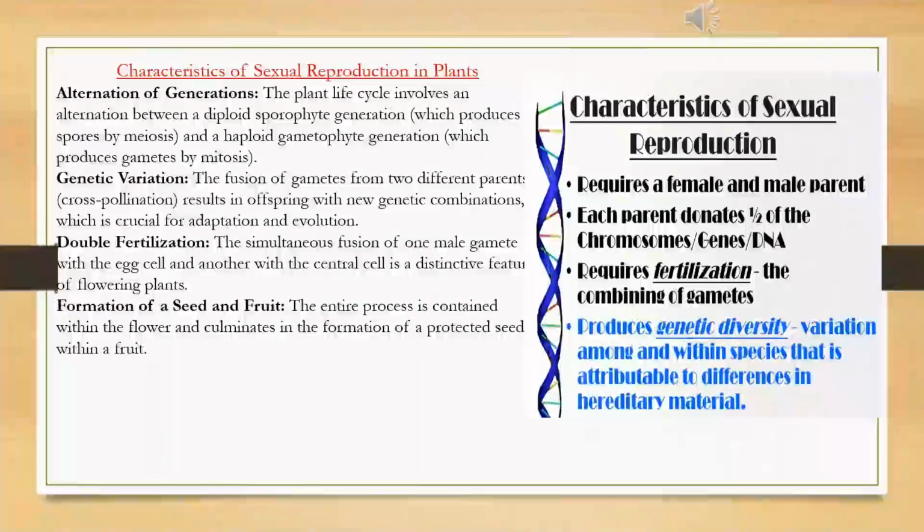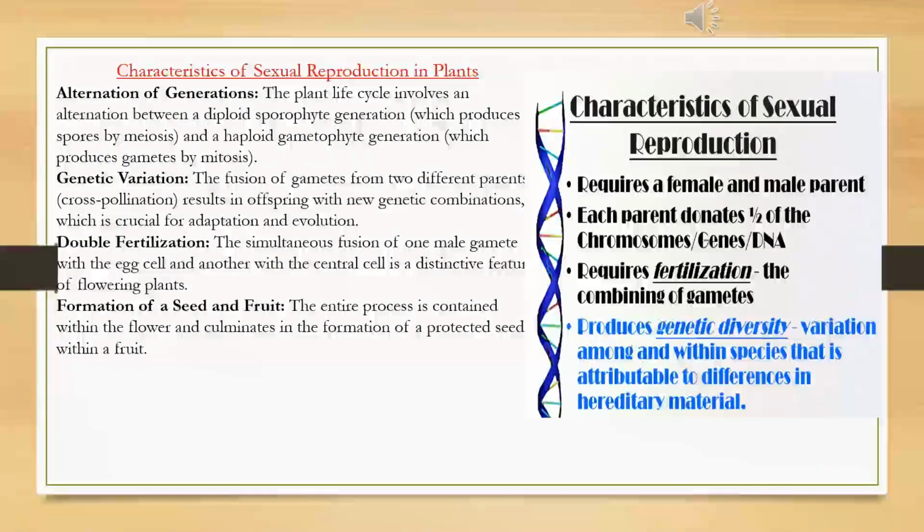Characteristics of sexual reproduction in plants. The first one is the alternation of generations. The plant life cycle involves an alternation between a diploid sporophyte generation, which produces spores by meiosis, and a haploid gametophyte generation, which produces gametes by mitosis.